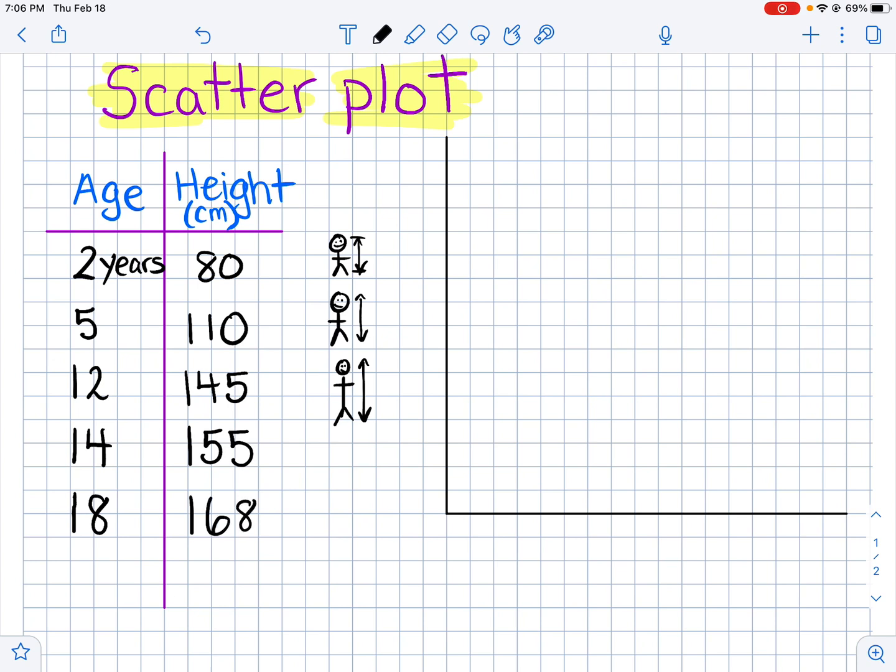So we found 5 different people, and we found out how old they are, their age, and how tall they are, their height.